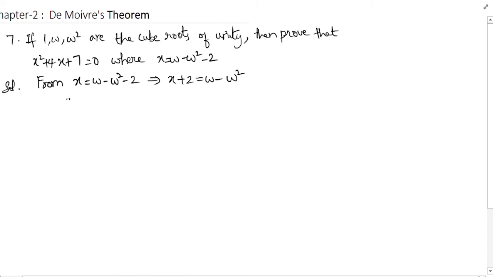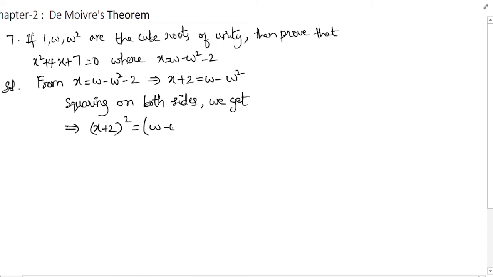Right. Now, if we do squaring on both sides, both on LHS and RHS, then we get (x plus 2) whole square is equal to (omega minus omega square) the whole square. We know that (a plus b) whole square is equal to a square plus b square plus 2ab.